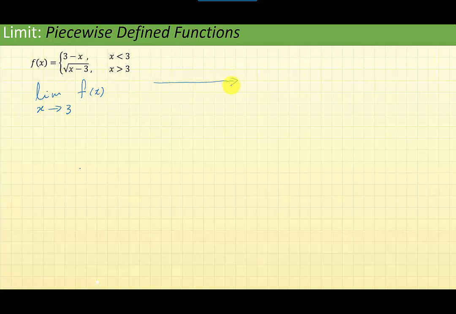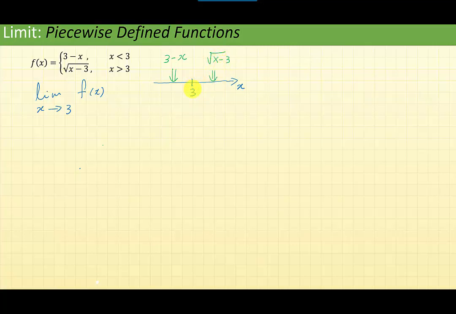This function has two pieces. f of x is equal to 3 minus x when x is less than 3, meaning below 3, f of x is 3 minus x. When x is greater than 3, f of x is equal to the square root of x minus 3. So when x is above 3, the function is the square root of x minus 3.